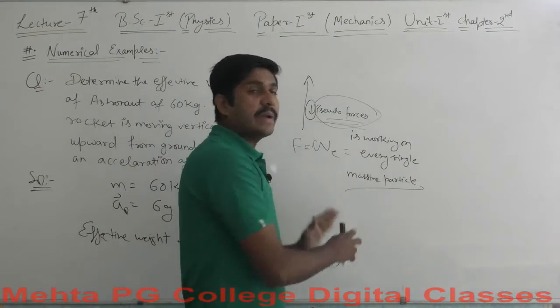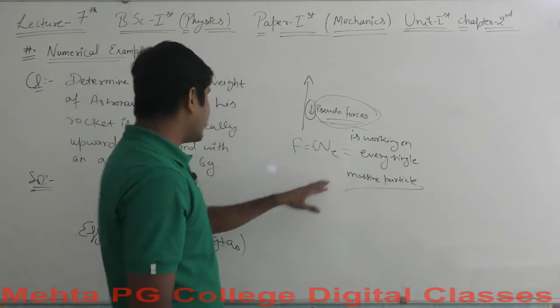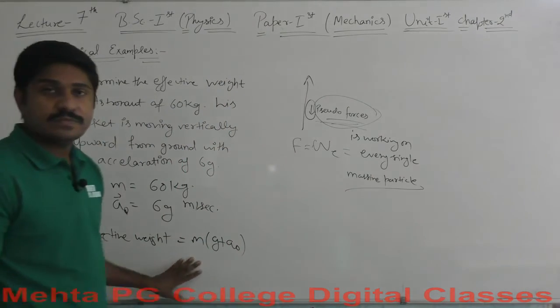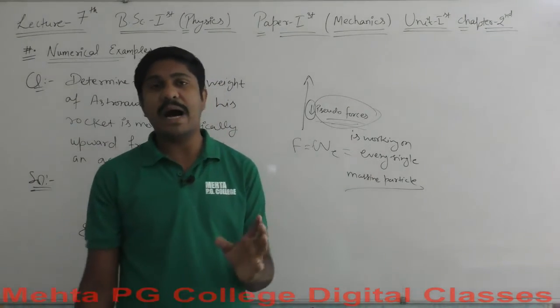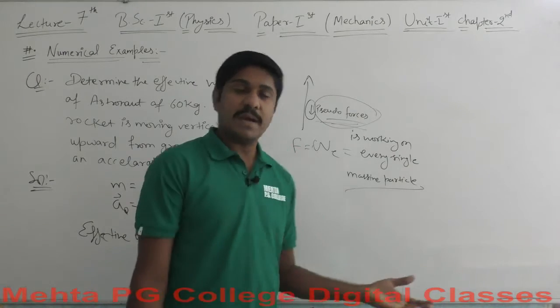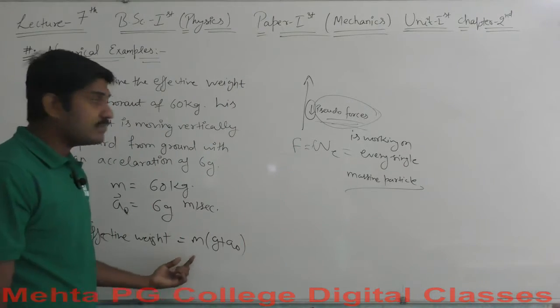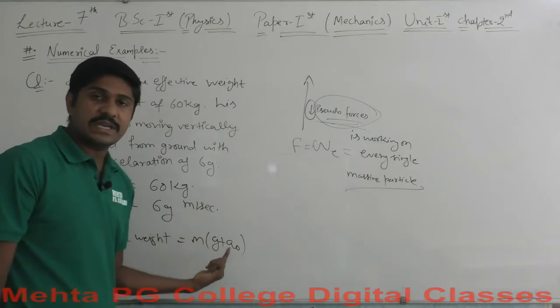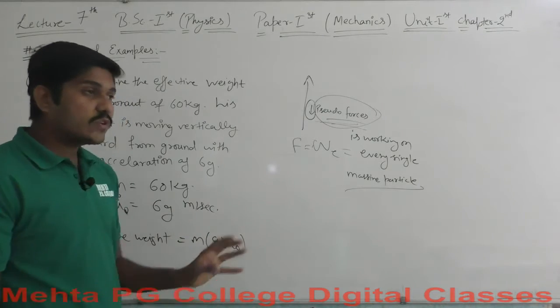So what we end up having is that this effective weight must be equal to this force, and you know that force is equal to mass into acceleration. What is the mass? Mass is m, already taken as 60 kg. And what would be the acceleration?